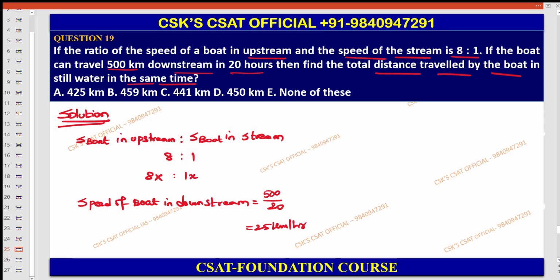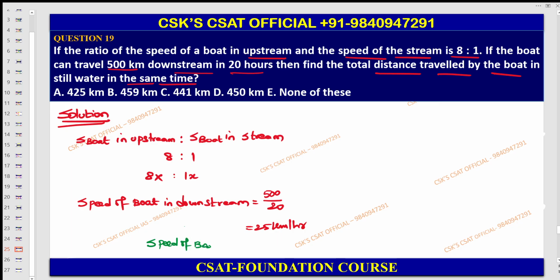So you know this downstream speed. Now you need to find out the speed of a boat in still water, which you don't know. So take the speed of a boat in still water as y kilometer per hour.